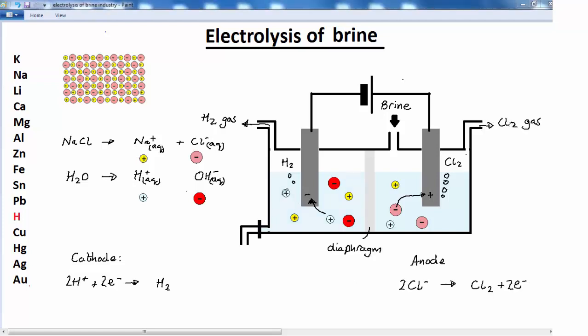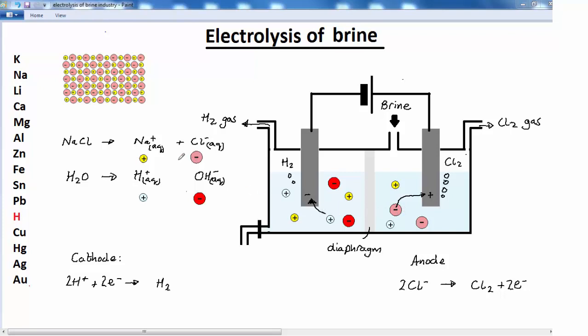Now, as a result of the reduction of the hydrogen ions at the cathode and of the oxidation of the chloride ions at the anode, that's to say the liberation of hydrogen and the liberation of chlorine, what's going to happen is the concentration of the sodium and the hydroxide ions are going to increase.